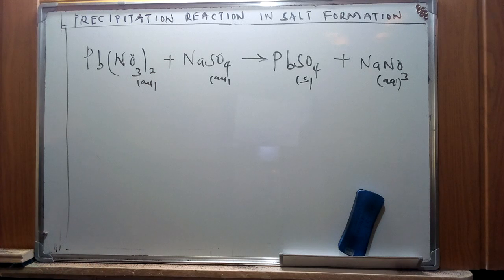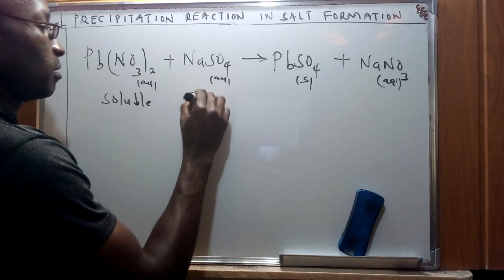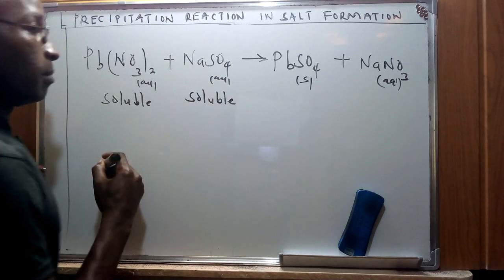And from this we can have an ionic equation, having discussed in some of our topics the concept of representing stoichiometric equations in the form of ionic equations. So we're going to see that these reacting species can be prepared in solution form.